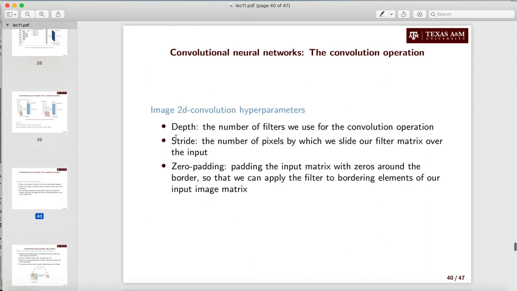The other parameter is the stride, which means what would be the overlap between neighboring pixels within an image, based on which we will perform the filtering operation. And finally, another parameter that can also be predetermined is the zero padding, which is nothing but how many zeros we are going to have around the border of the image, so that we can take care of the bordering pixels of an image.